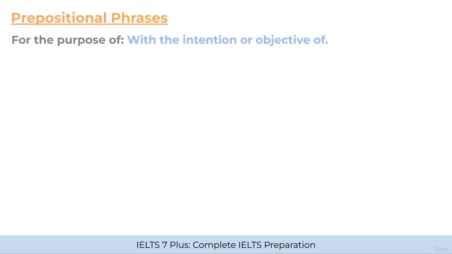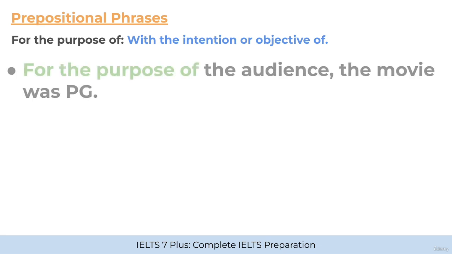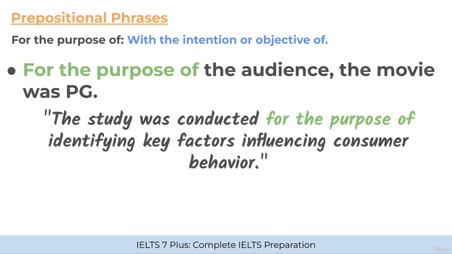Okay, there we go. So now we've got for the purpose of, with the intention or objective of. For the purpose of the audience, the movie was PG. So with the idea of the audience in mind, this affected the rating of the movie. IELTS now, the study was conducted for the purpose of identifying key factors influencing consumer behaviour.